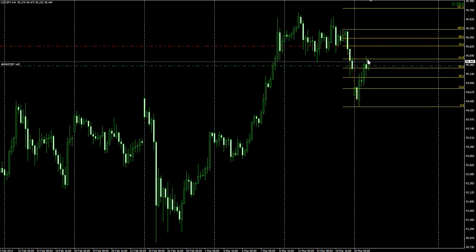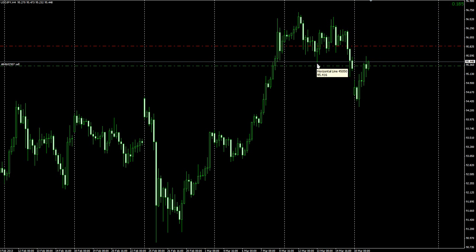It coincides with this zone of the moving averages on the hourly chart, and we can also see that this is classical technical analysis resistance. It was previous support, has been broken to the downside, and now it's being retested again. So it's an important zone of resistance that we are right now.